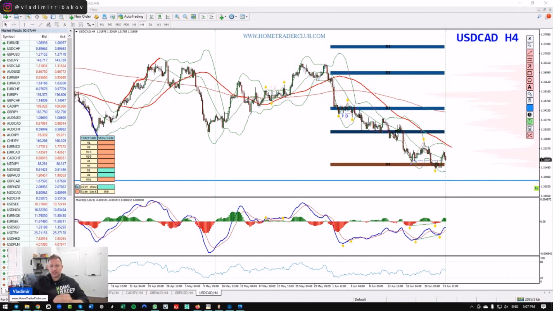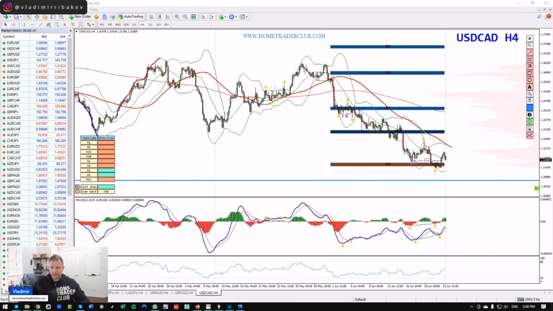So there are two scenarios that the market usually follows in such a case. Scenario number one, because we are against the higher time frame, the market goes and completes like two false breakouts. One fake low, another fake low, and then completes another divergence here and makes the reversal. We have the most recent trend line, and once it breaks, it could be a great opportunity to trade this reversal.